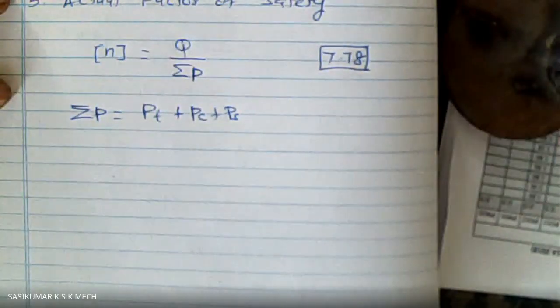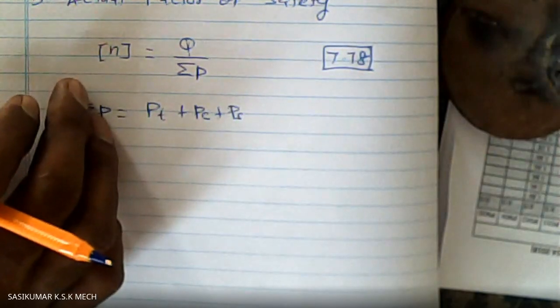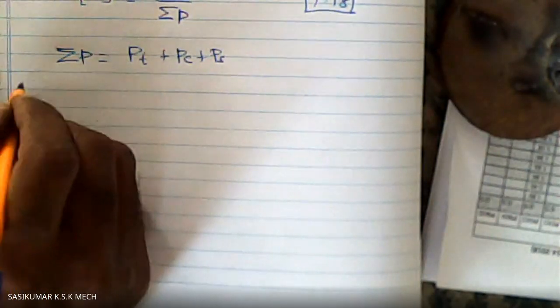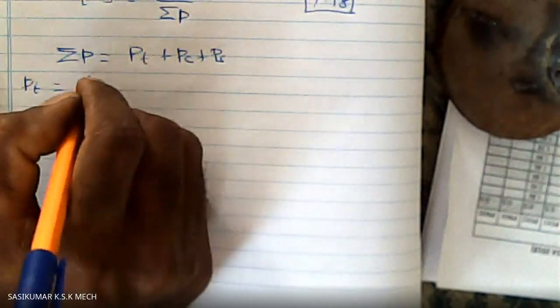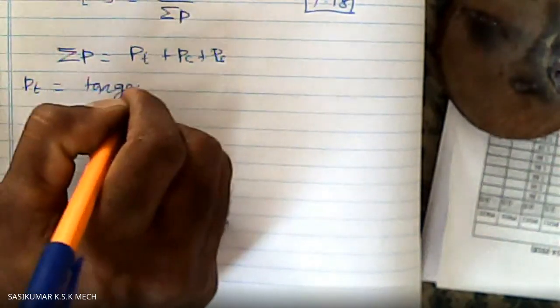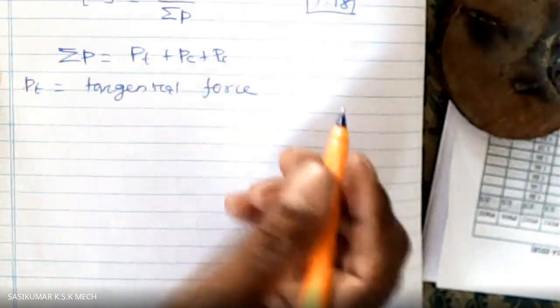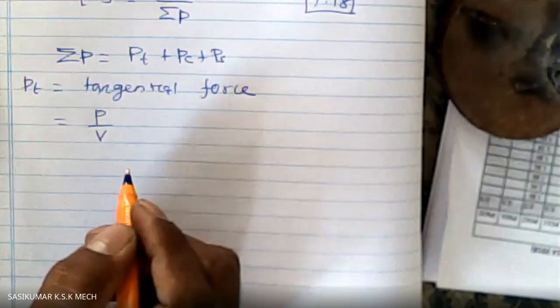Now let us find one by one. First we will find PT, the tangential force. Here PT is P by V. P is the power, not pitch.